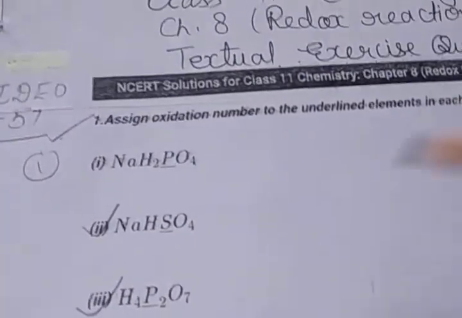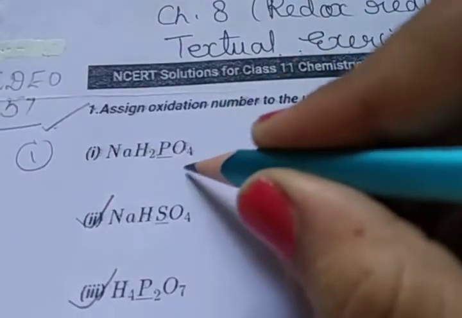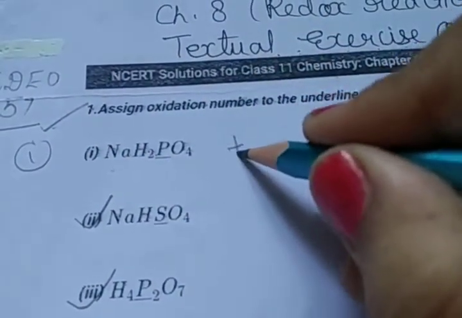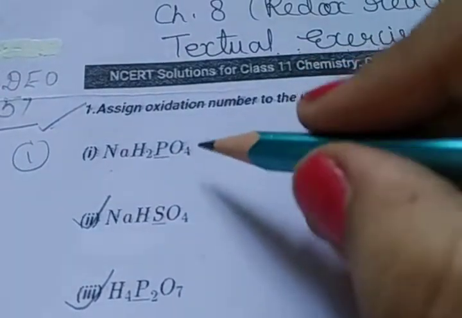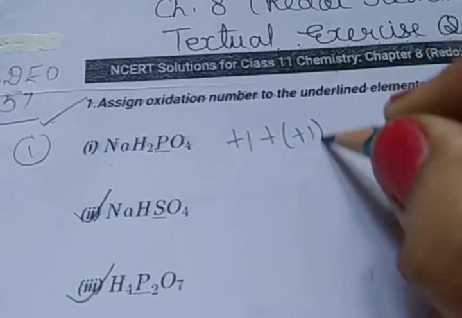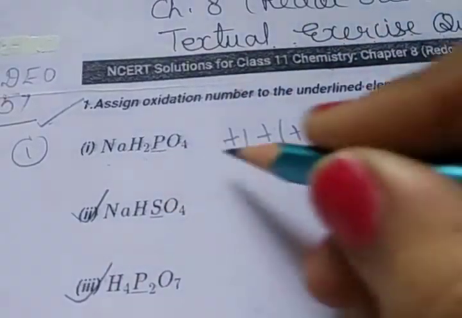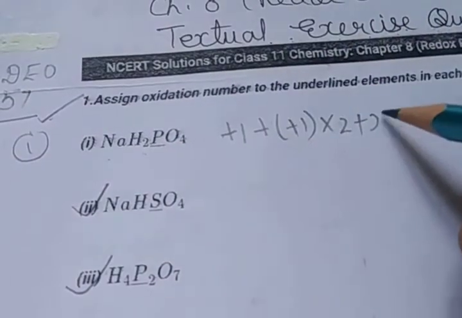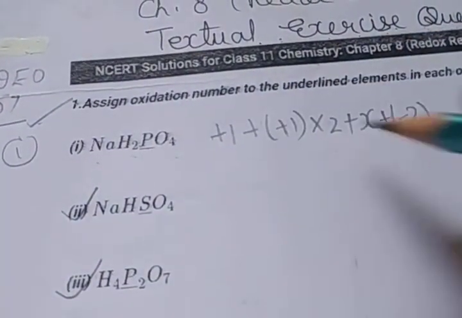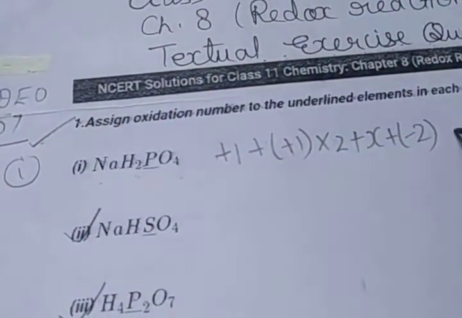So here phosphorus is underlined, so we have to find the oxidation number of phosphorus. Sodium is plus 1, hydrogen valency is plus 1 and here hydrogen 2, so multiply 2, plus phosphorus X, plus oxygen minus 2 valency and 4 oxygen given, so multiply 4.